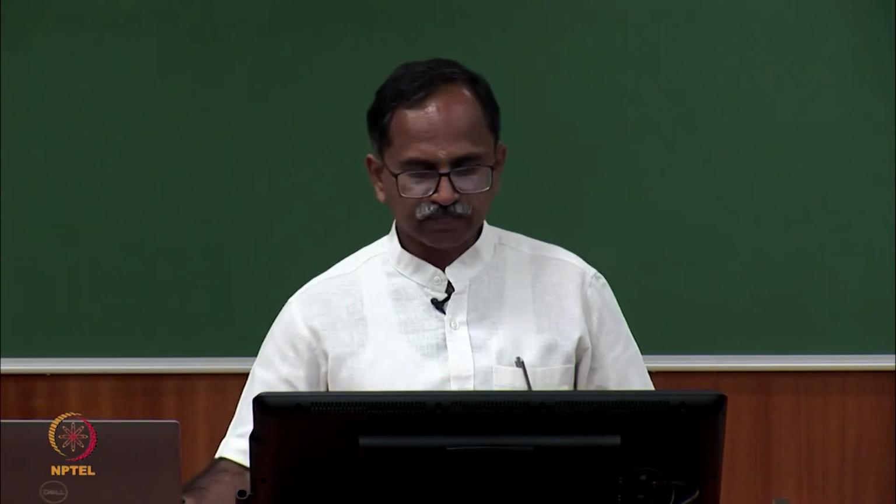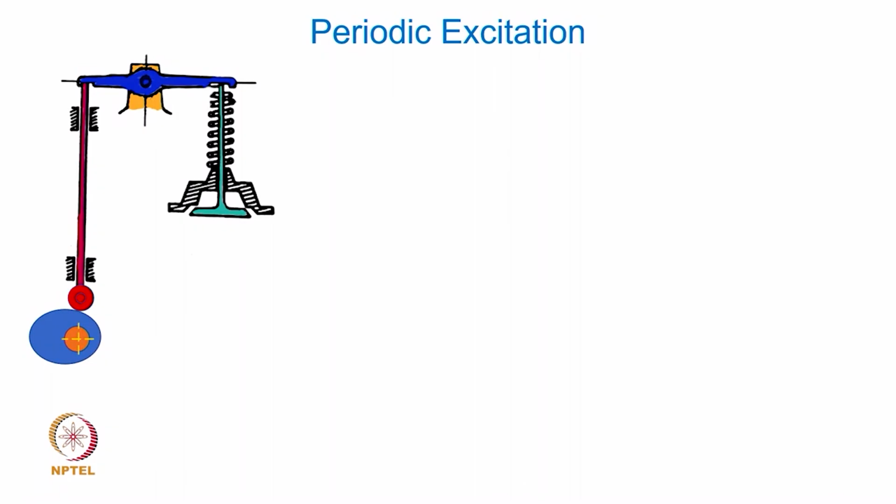Now, in practice there are situations where the excitation function need not be necessarily a single frequency or a harmonic forcing function. Now, the example of that is this. We assume that this cam, which was exciting this tappet valve mechanism of an IC engine, we assumed that the excitation at the base here or the movement, if we define this to be, let us say y of t, okay, the excitation at the base was harmonic.